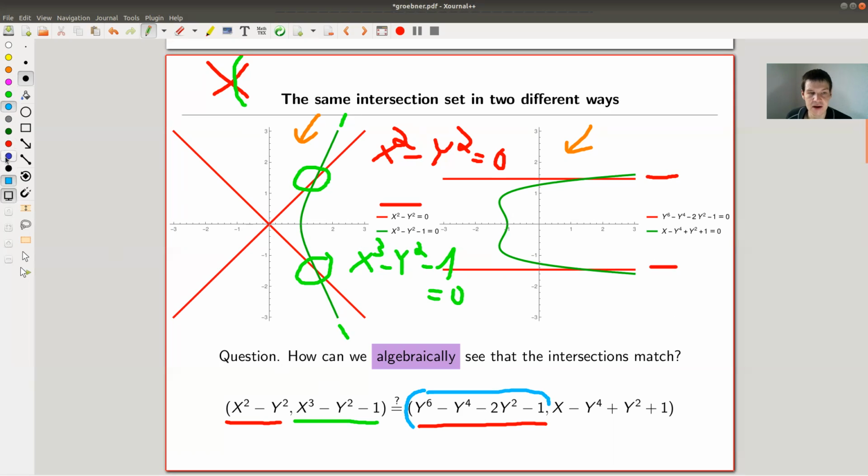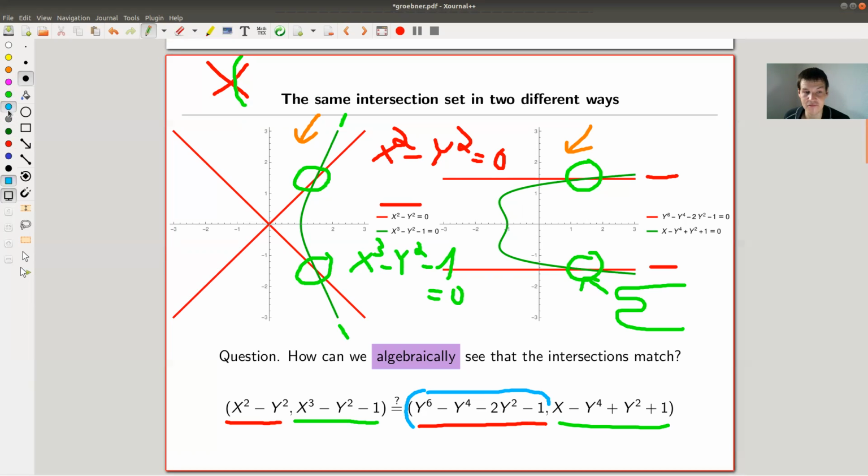And another green one, this slightly weirdish curve, which looks a little bit like this. It turns out that they also have two intersections, which look very similar to the other intersections. And indeed, they are the same points, which is absolutely not obvious if you just look at the pictures. You might be convinced that they are the same points, but it's not quite obvious why they should be the same points, right?